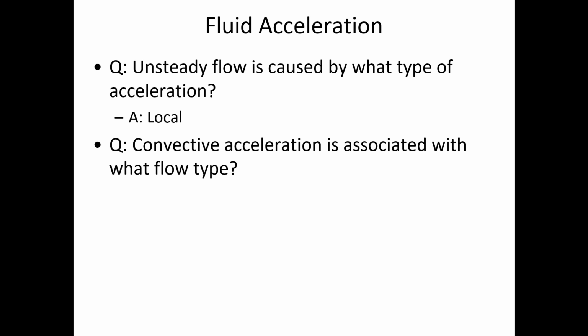Non-uniform is right, because when you have non-uniform flow, that is when the velocity is changing with respect to position. And so like the converging nozzle, where the velocity comes in slow and exits fast, that has experienced a convective acceleration, because it's not that its velocity changed with respect to time, it's that its velocity changed with respect to its position in the flow field.